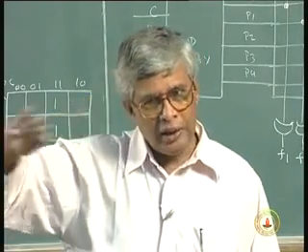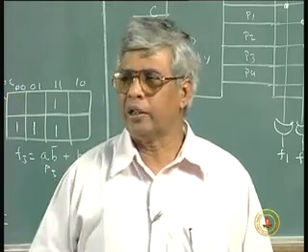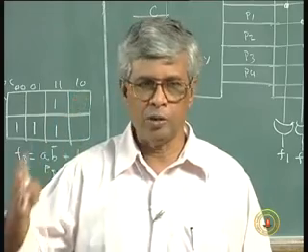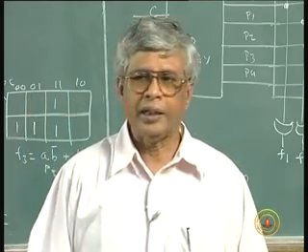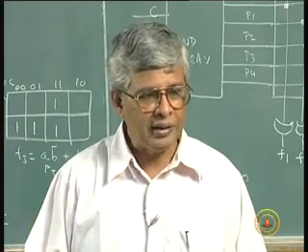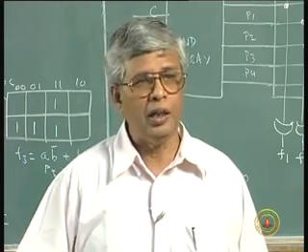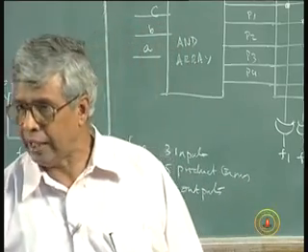Even if we leave the sharing part out, I don't have to generate all the minterms. I only generate as many product terms as required for my implementation. So to that extent there is a saving in the number of AND gates and the number of inputs to each of those AND gates. Earlier in the ROM case, I needed 8 AND gates and each of those AND gates had to have 3 inputs.